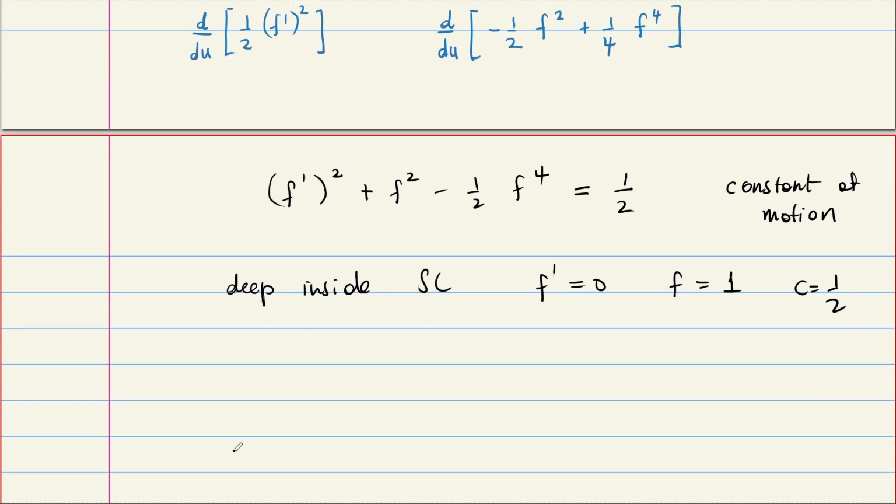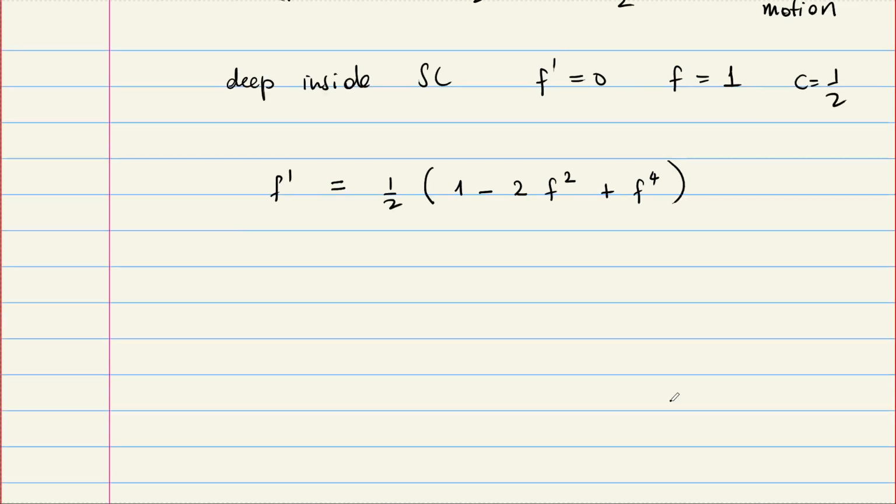And now I can write the derivative. F prime squared is equal to 1/2, let me write it like 1 minus 2 f squared plus f to the fourth, and this thing is equal to 1/2 of 1 minus f squared, squared.